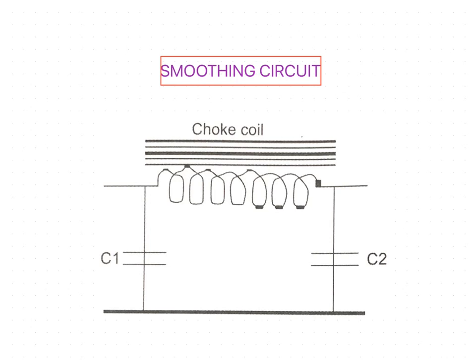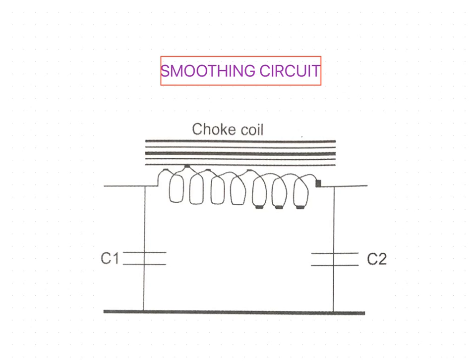So the smoothing circuit contains capacitors, which are used to reduce the variations in the intensity of a rectified current. That means the current is already rectified, but the intensity still has some variations, which may cause unpleasantness to the patient.